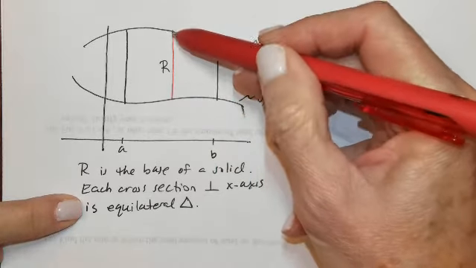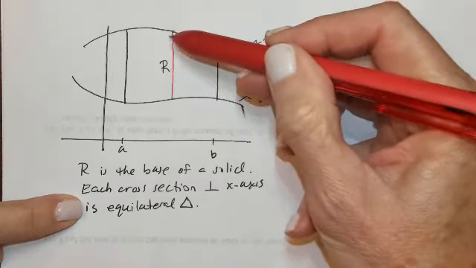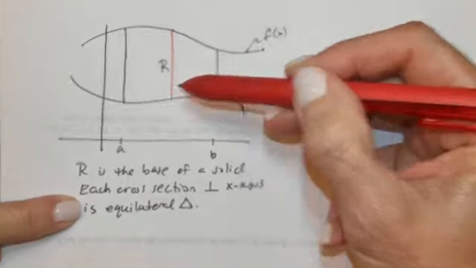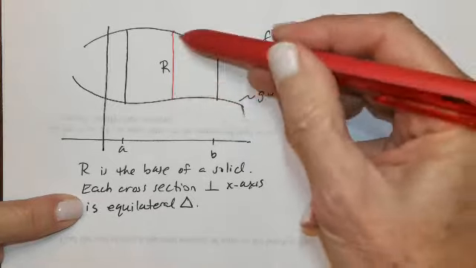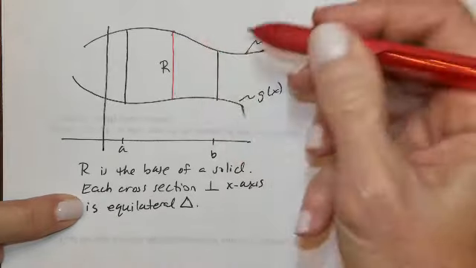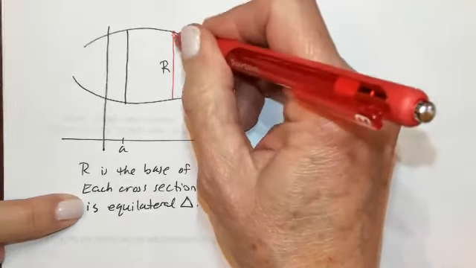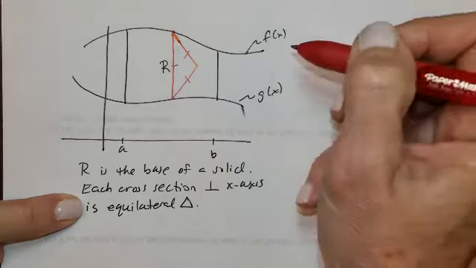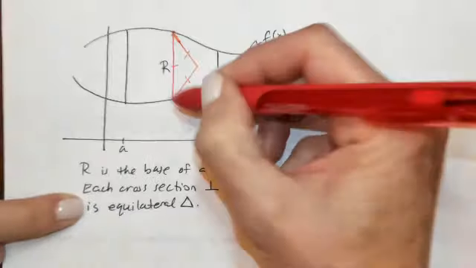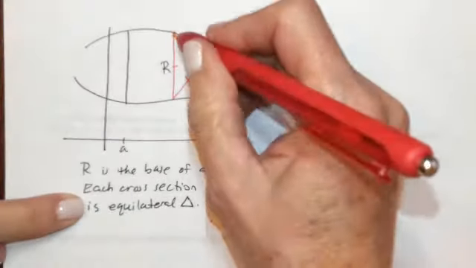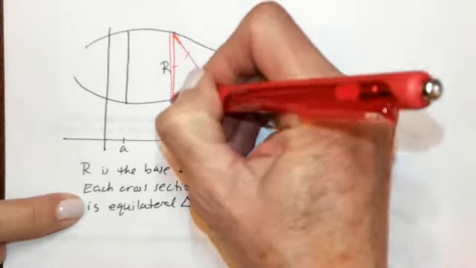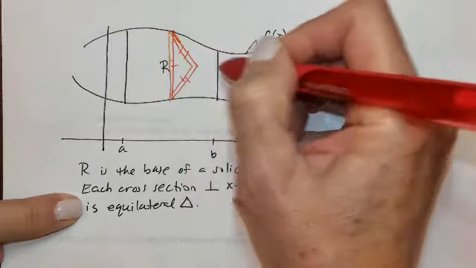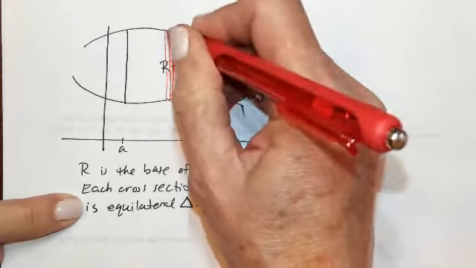So this cross-section, the solid would be coming up out of the page, and that would be an equilateral triangle. It's hard to draw this in three dimensions, but there would be an equilateral triangle here coming up out of the page. So there would be that equilateral triangle, and right next to it would be another slice that would also be an equilateral triangle, and another slice, and so forth.